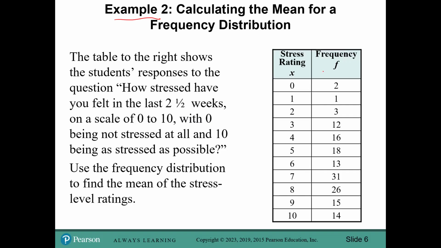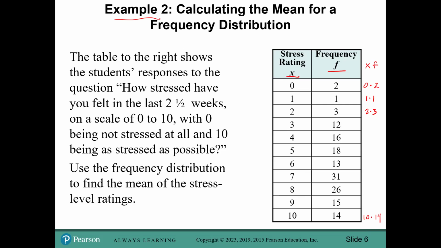So each one of these has a value and a frequency. And I can find X times F simply by multiplying the value by its frequency. So 0 times 2, 1 times 1, 2 times 3, and so on. Okay. All the way down to this bottom one, its value multiplied by its frequency.